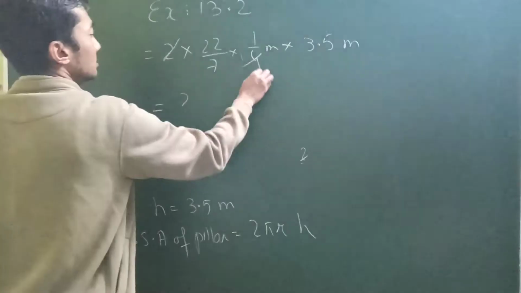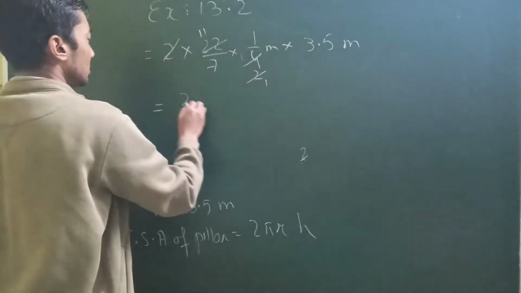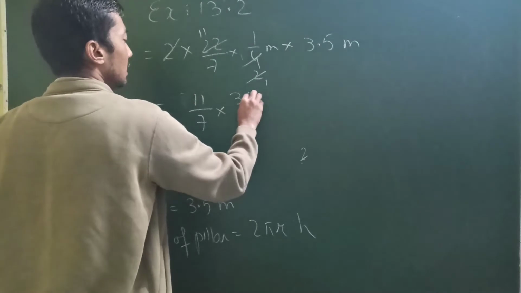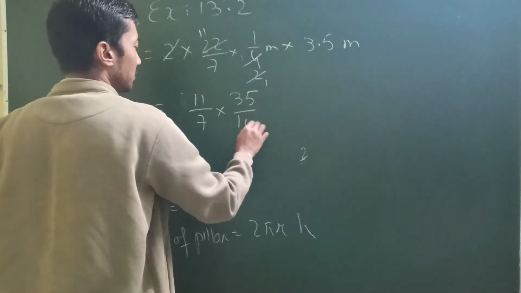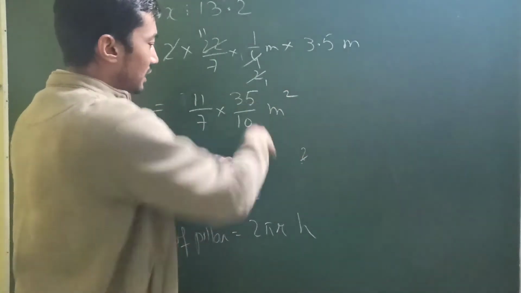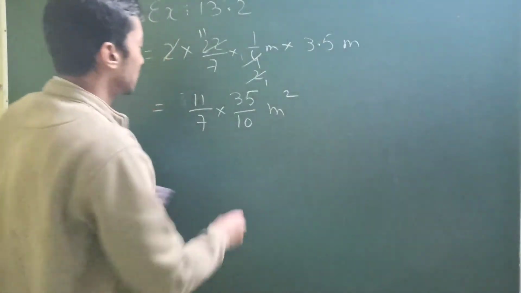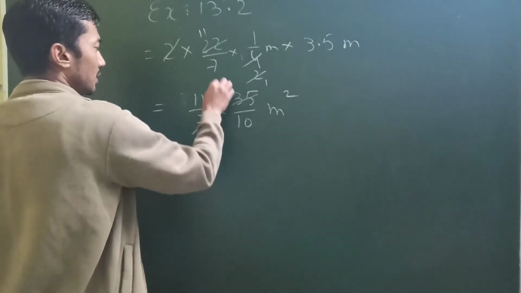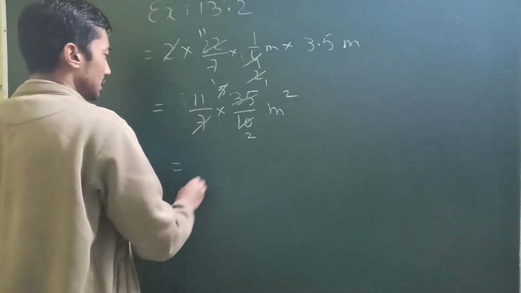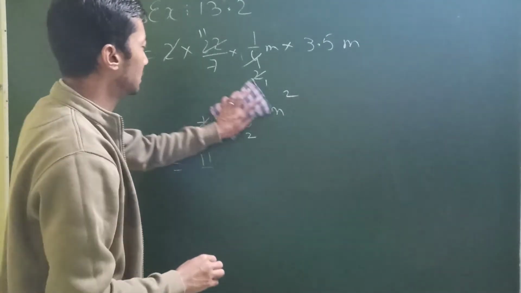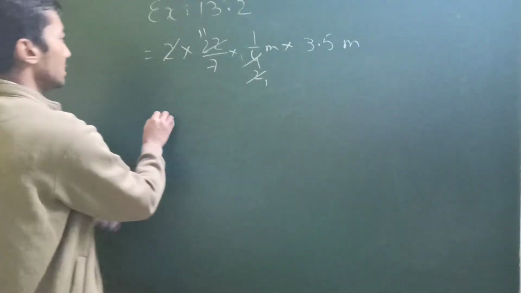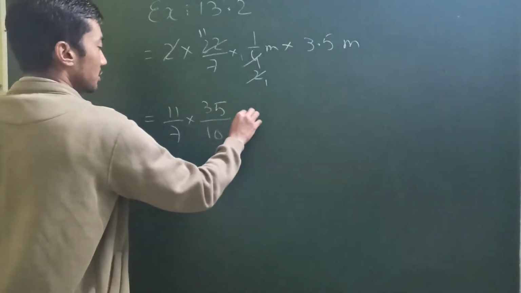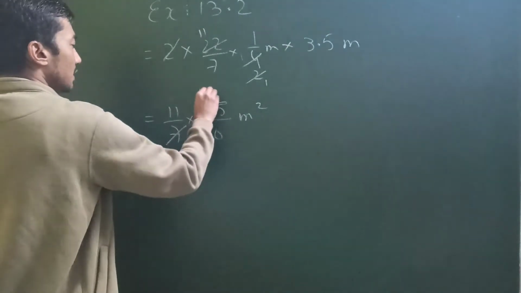So 2 fours are 4, 2 elevens are 22, so that's like 11 by 7 into 3.5. I will use the decimal system. Always the easier way is 11 by 7 into 35 by 10 meter square. 7 fives are 35.